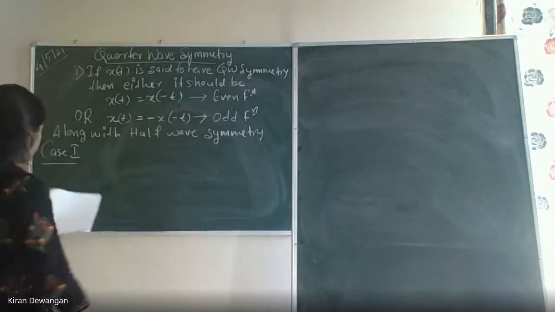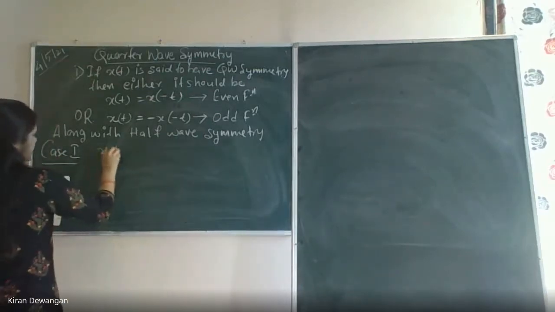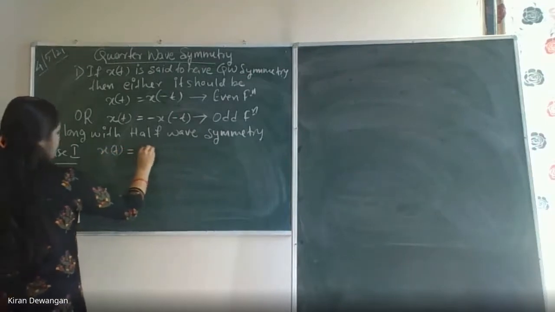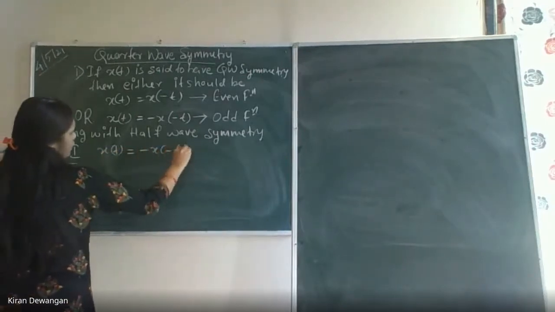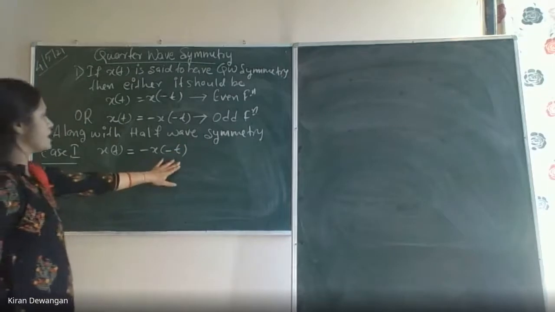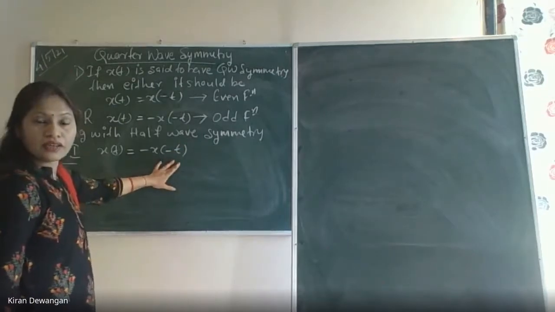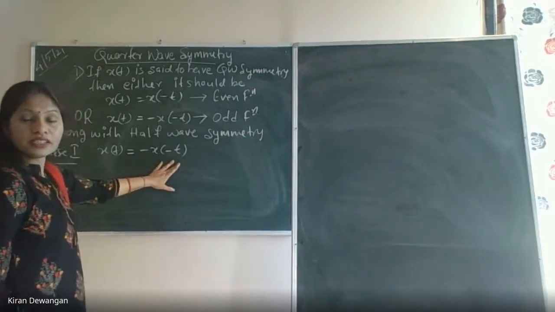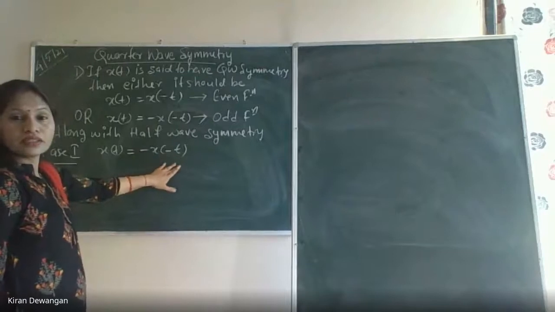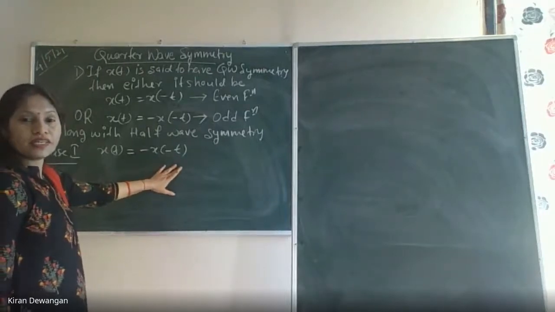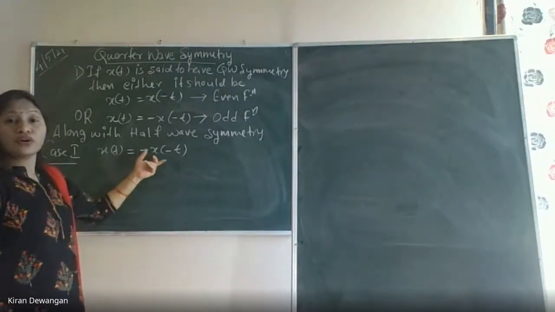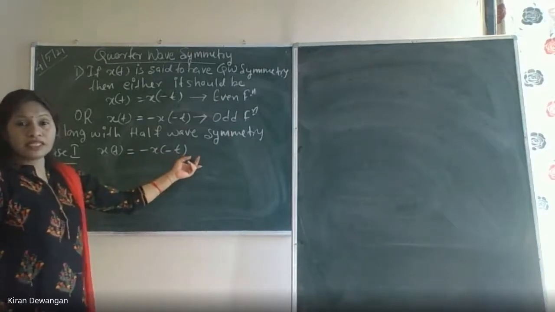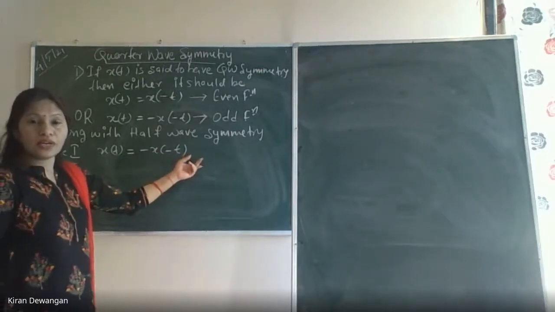Case 1, if x of t is equal to minus of x of minus t, then ये क्या condition है? कौन सी condition है? Tell me what kind of condition it is? If x of t equals to minus of x of minus t, तो कौन सी condition satisfy हो रही है यहाँ पे?